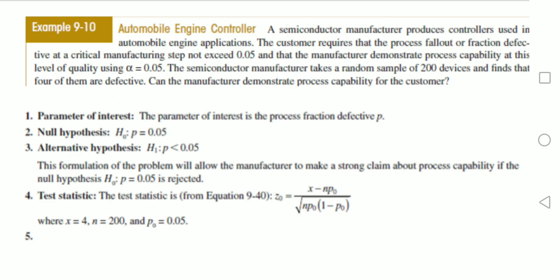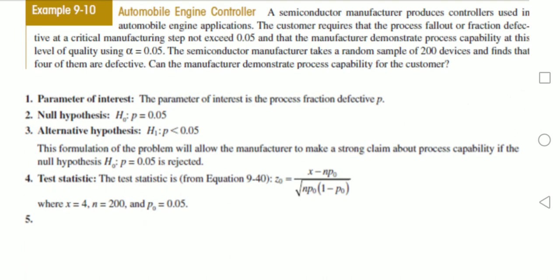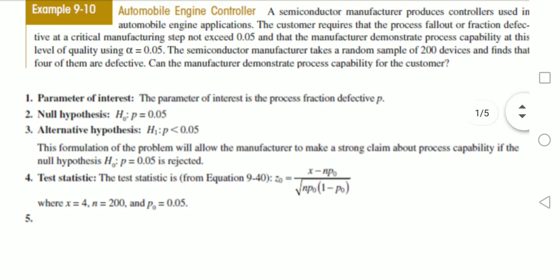So P greater than or equal to 0.05, or no problem, we can take it as P equal to 0.05. And the alternative hypothesis is P less than 0.05.